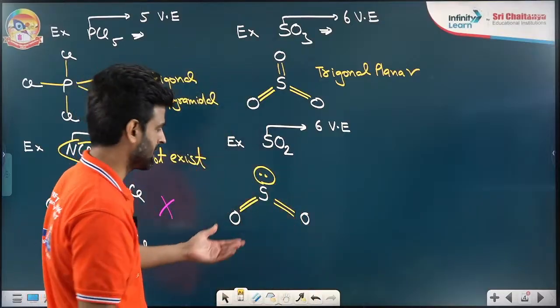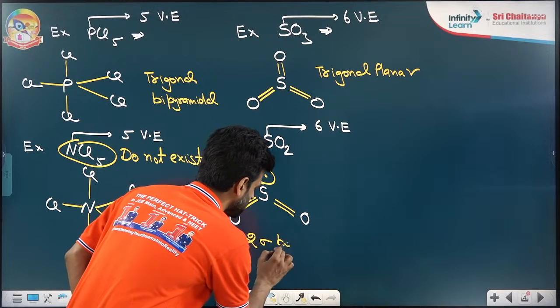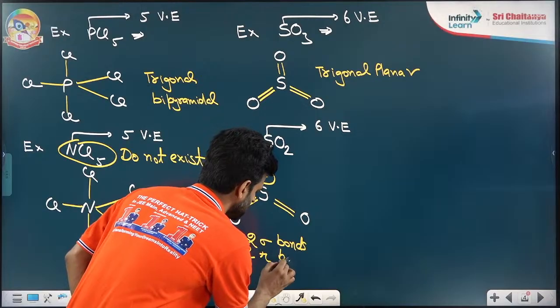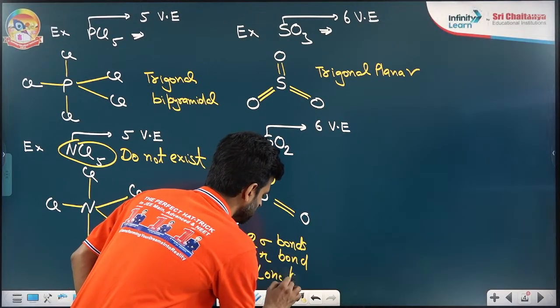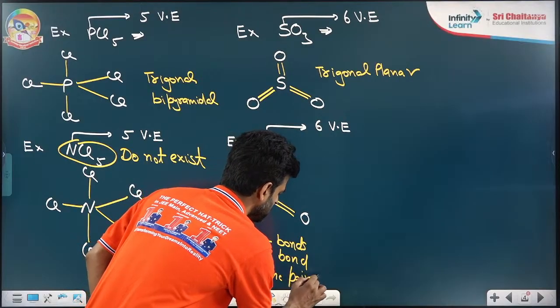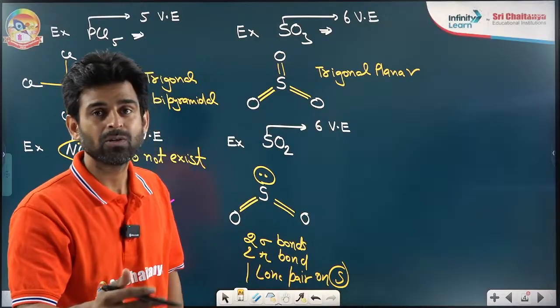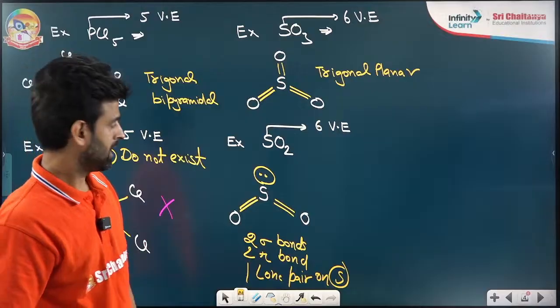So if they ask, you will say there are 2 sigma bonds, 2 pi bonds, and one lone pair on sulfur. I'm talking about the central element. Definitely oxygen also has lone pairs, but I don't care. I'm talking about sulfur, the central atom.